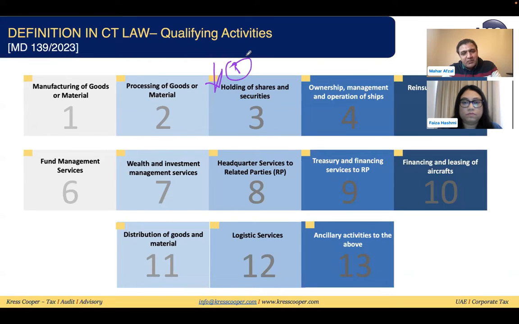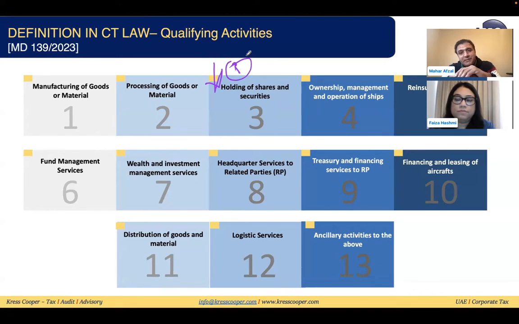And we know this: if the qualifying free zone person is doing any transaction with a non-free zone person, which are not excluded activities but qualifying activities, it will be considered qualifying income. So income from the trading of qualifying commodities will be considered qualifying income, even if the qualifying free zone person is having a transaction with a non-free zone person. So these are the major changes.